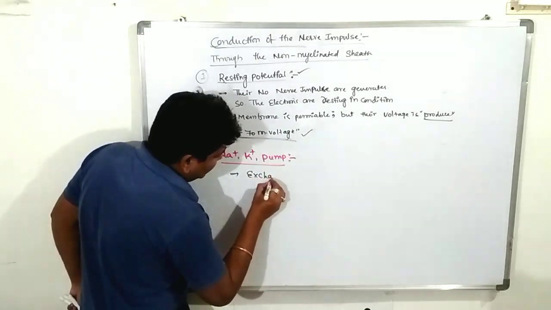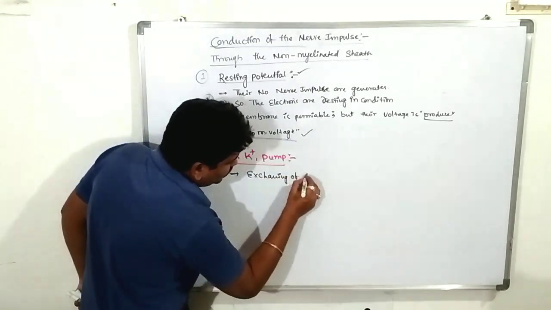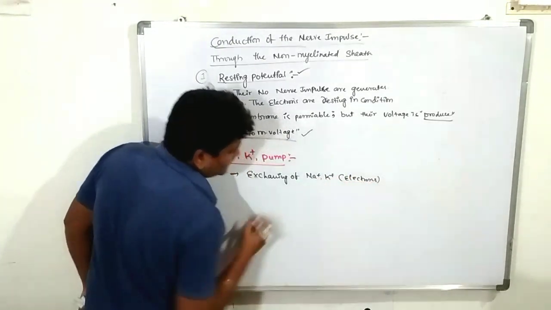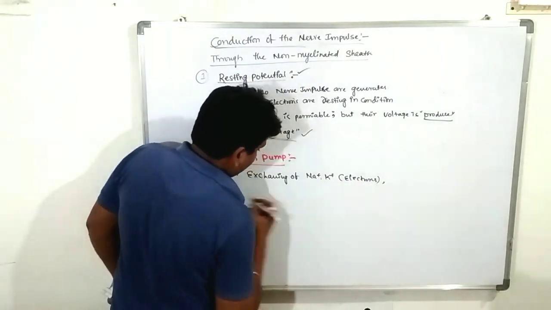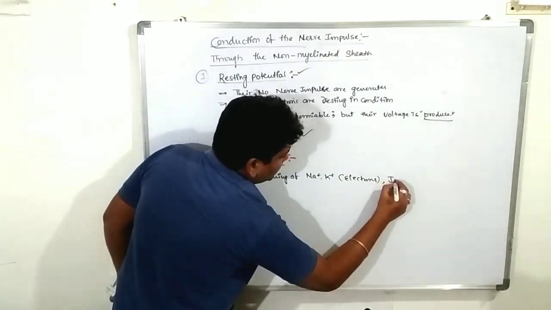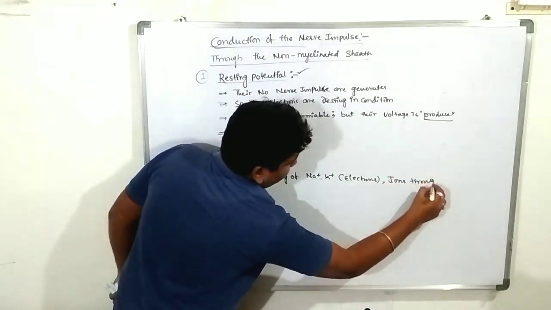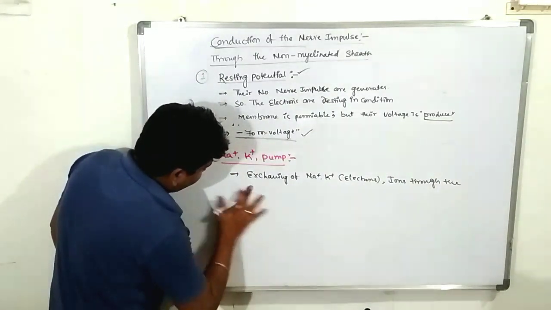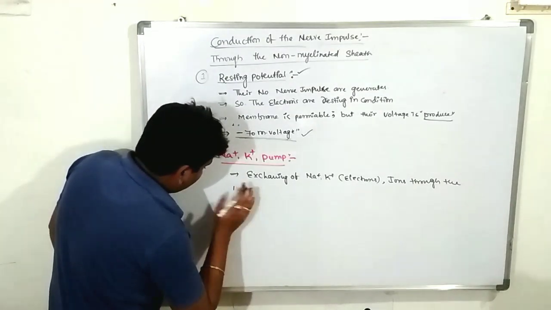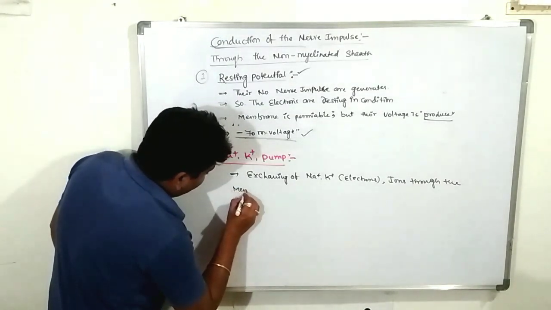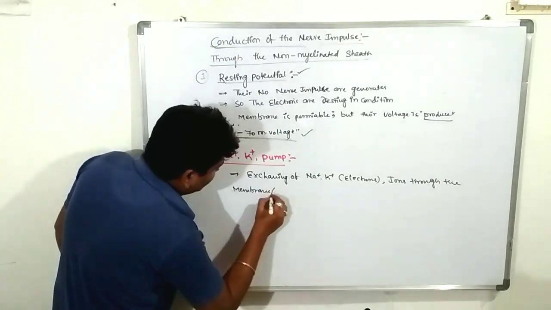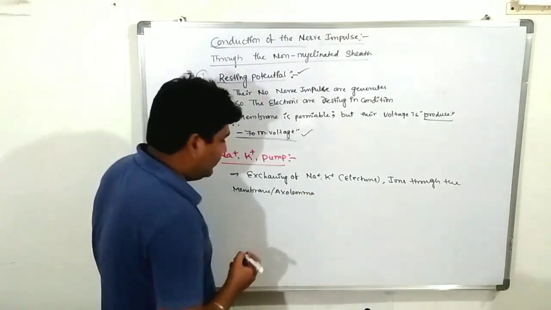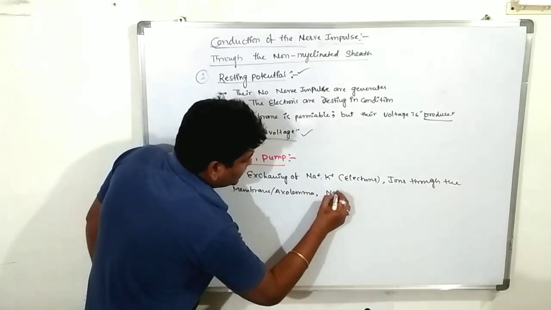Very important: the exchanging of sodium and potassium ions through the nerve fiber membrane, the axolemma. That is known as the sodium potassium pump.